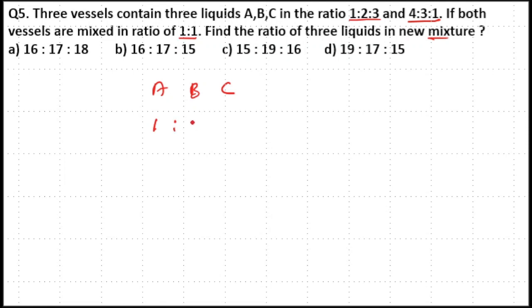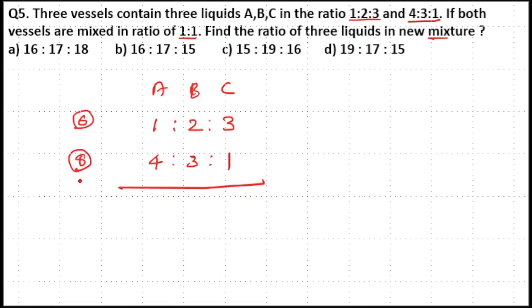First vessel ABC in the ratio 1:2:3, and in second vessel ABC in the ratio 4:3:1. 1 plus 2 plus 3 is equal to 6 parts. 4 plus 3, 7, 7 plus 1, 8 parts. So, first vessel 6 parts, second vessel 8 parts. And both vessels are mixed in 1:1 ratio. So, multiply 1 and 1 above and below.